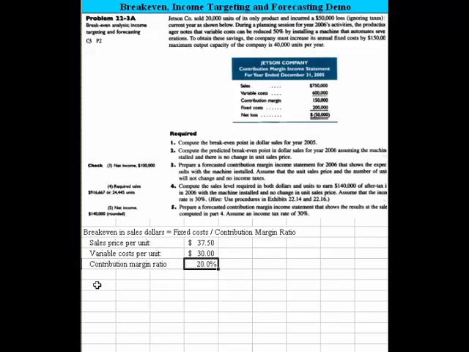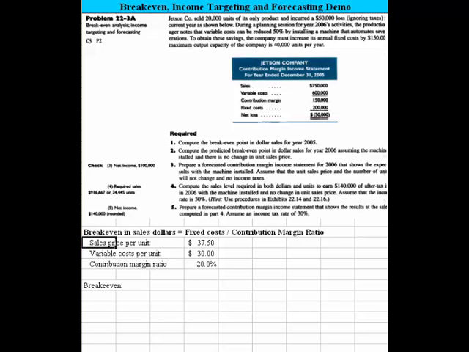Okay, so now that we've done that, let's compute break-even. Well, break-even would be equal to the fixed costs, right? We have the formula up here. Let me bold that.